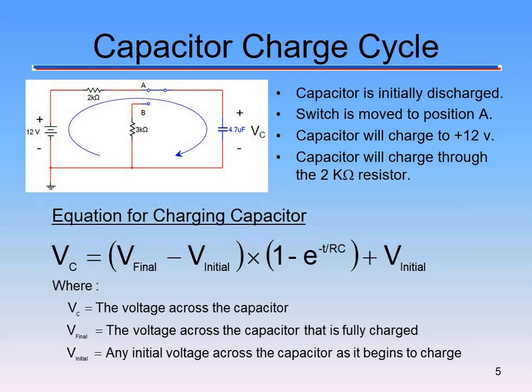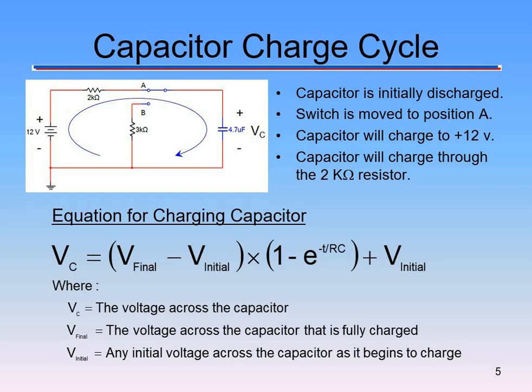Make sure that you pause and write down these equations, because you will need to know them on your tests and quizzes. So if we look at a capacitor charging cycle, let's look at this basic circuit right here.